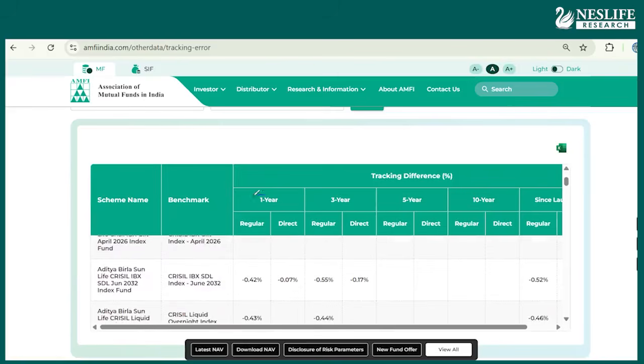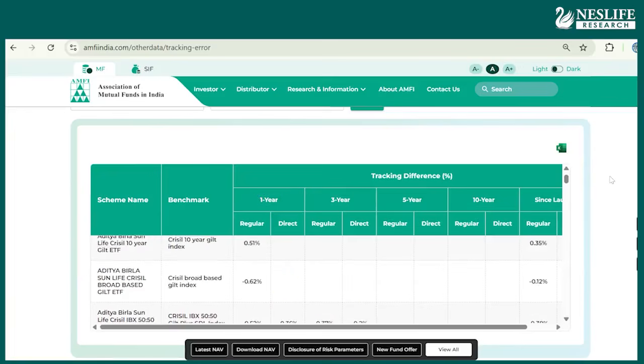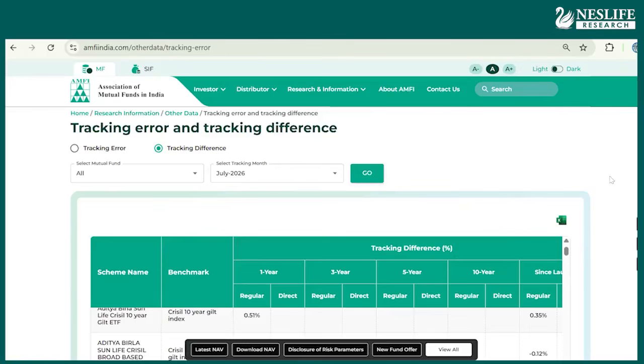So this is 1 year. In the last 1 year, this fund has given 0.07% less return than the index. In 3 years, this has now increased to 0.17. So most of the time it is minus. Tracking difference is the difference between the portfolio return, that is the ETF return, minus the index.